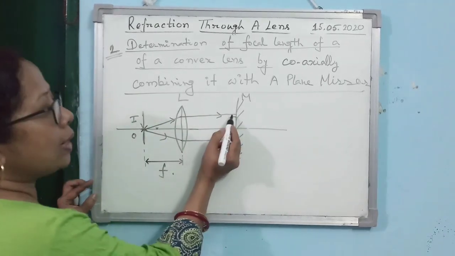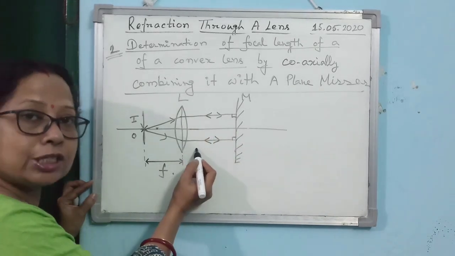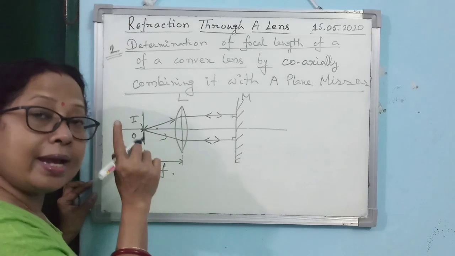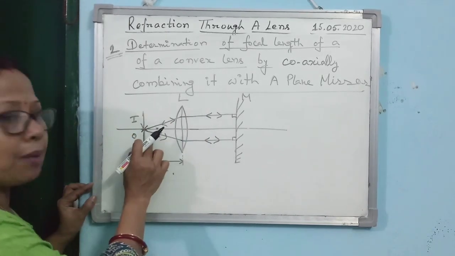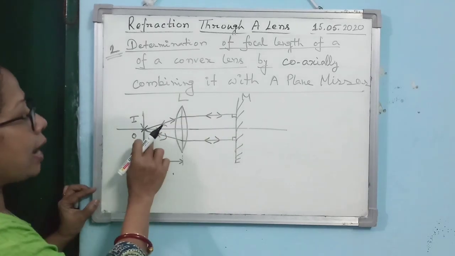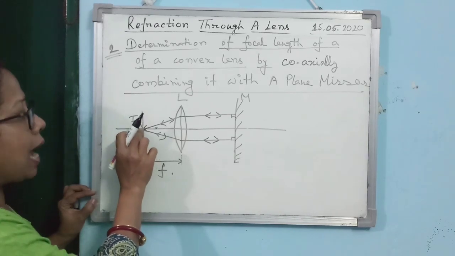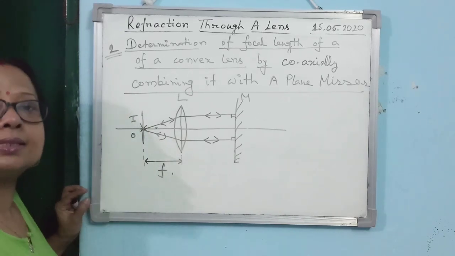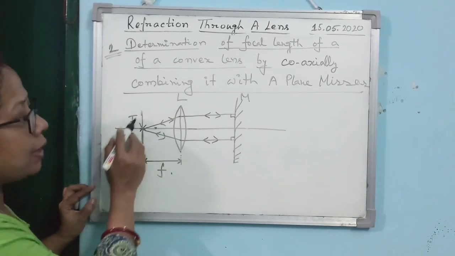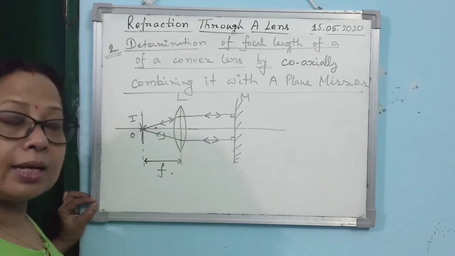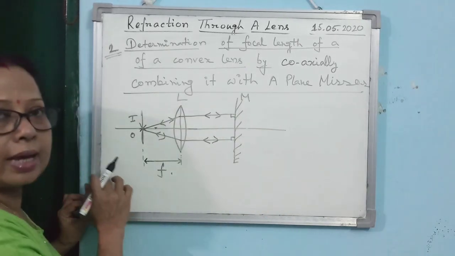Then only the ray direction will be reversed, and according to the principle of reversibility, they will follow the same path, and the refracted rays and the reflected rays will finally meet at the same point as that of O. So what is happening? Object and image are produced at the same position. Clear?